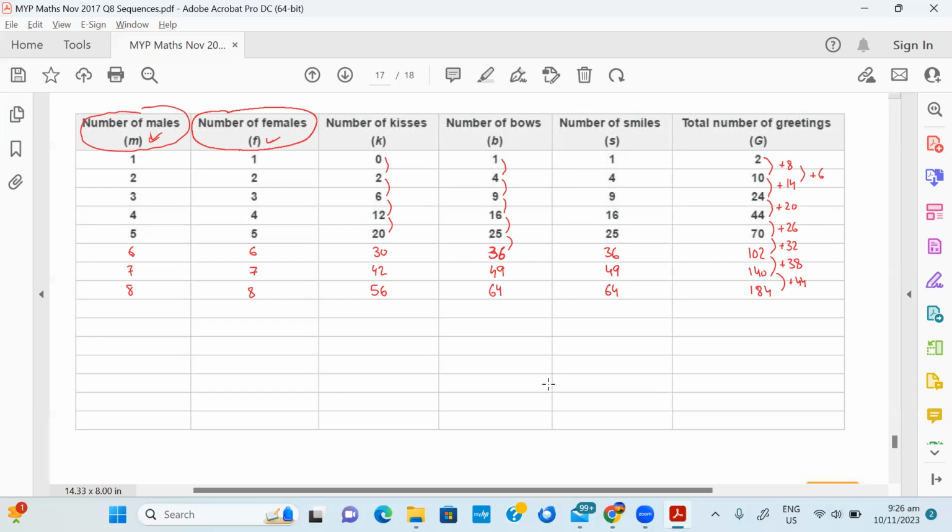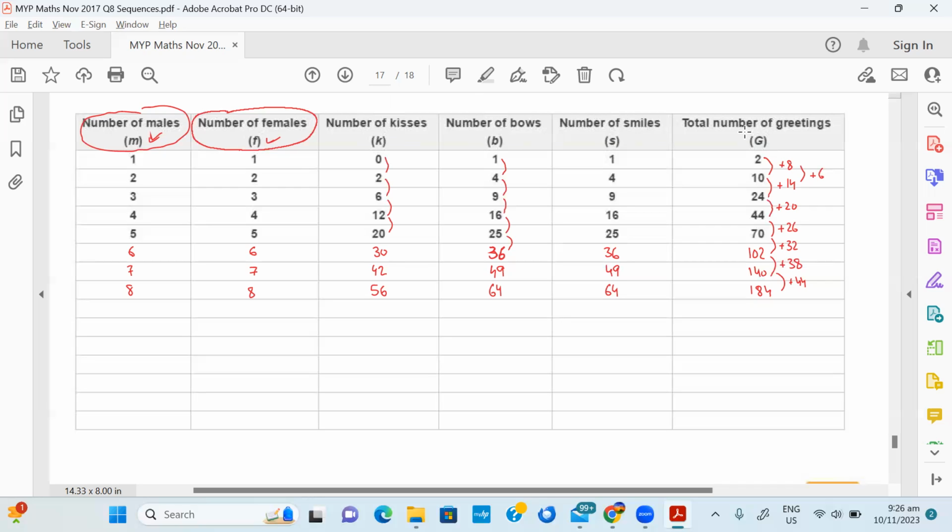And you were asking how to justify. If the question, when I scroll up, tells you to justify, G is just made up of K plus B plus S, right? So the general rule of G should also be made up of the general rule of K plus the general rule of B plus the general rule of S, treated as perimeter.